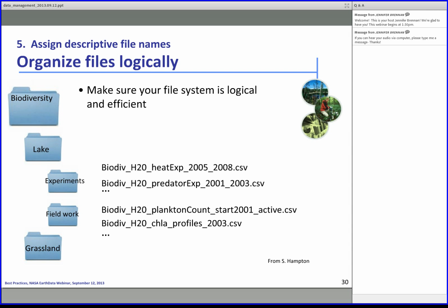So there's a real distinction between all those, and you can go into the experiments and see that there's a heat experiment and a predator experiment, maybe some sort of a zooplankton experiment, and then the fieldwork, the measurements, so we're looking at plankton and chlorophyll profiles. So they're really well-defined file names as well as a good structure for the data files to find them.